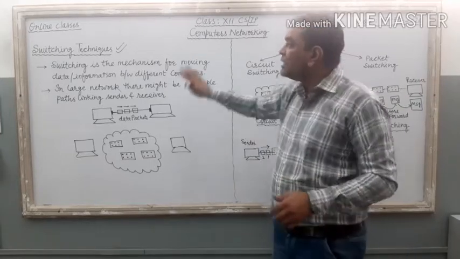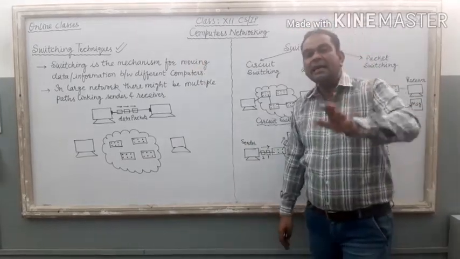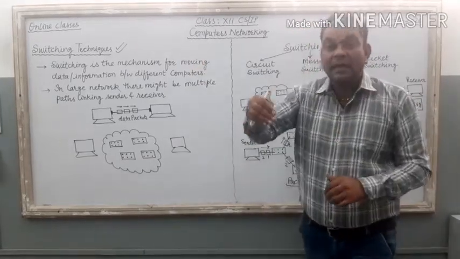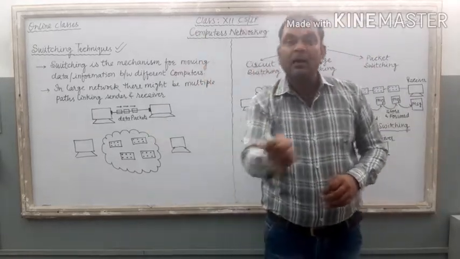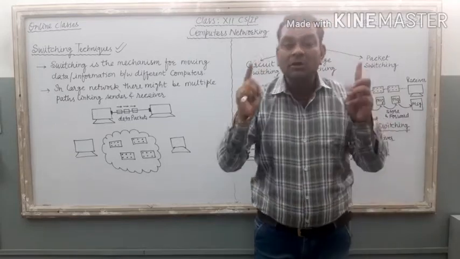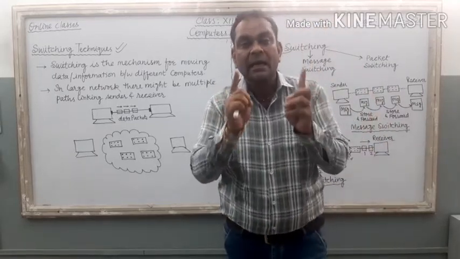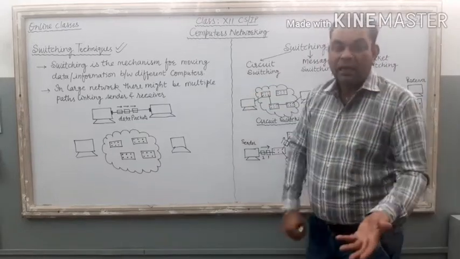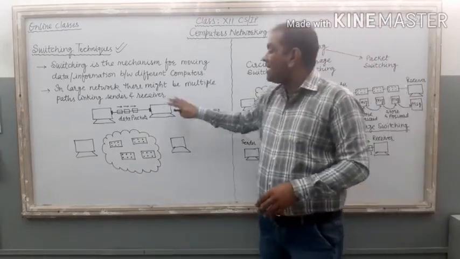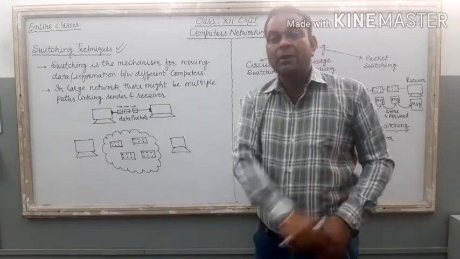So switching technique is based on how the data can be transferred from the sender to the receiver if both the computers are connected in a network, right? It is the mechanism, the style by which the data transfer can occur between two PCs.